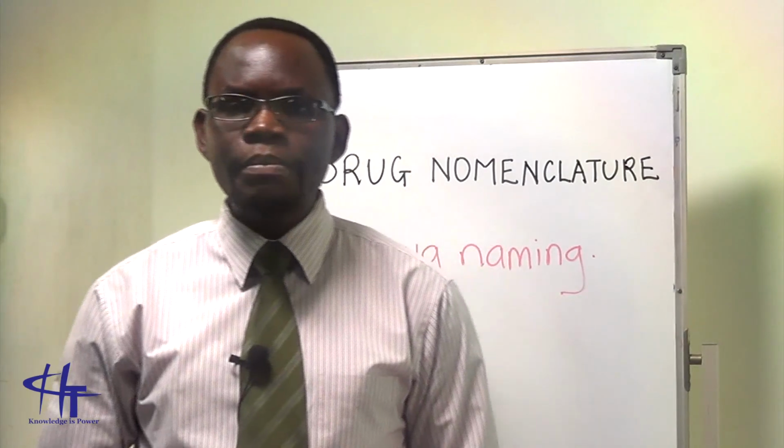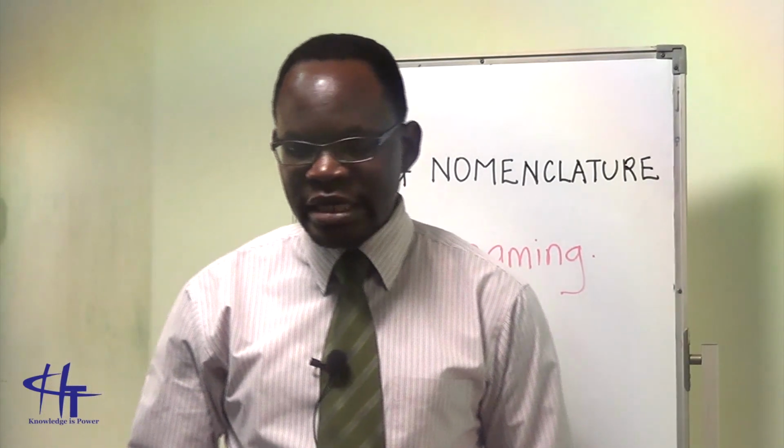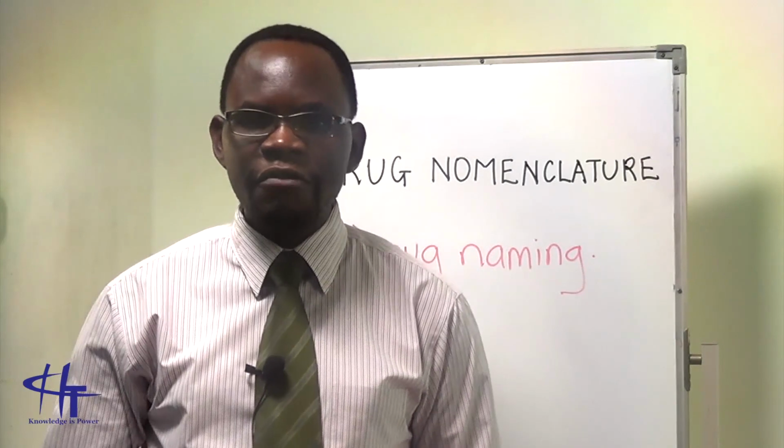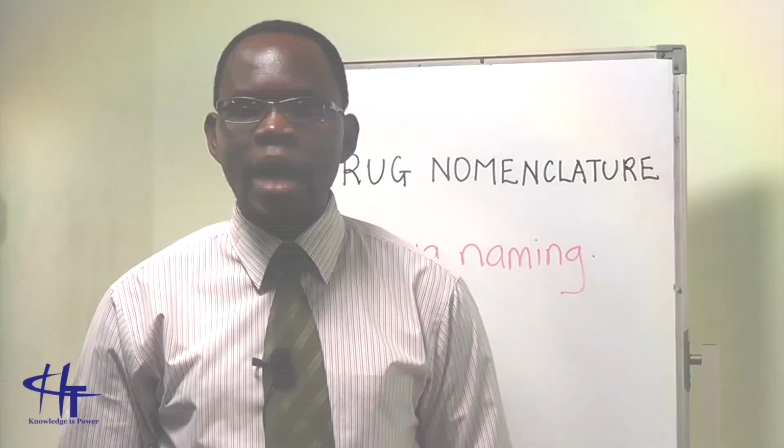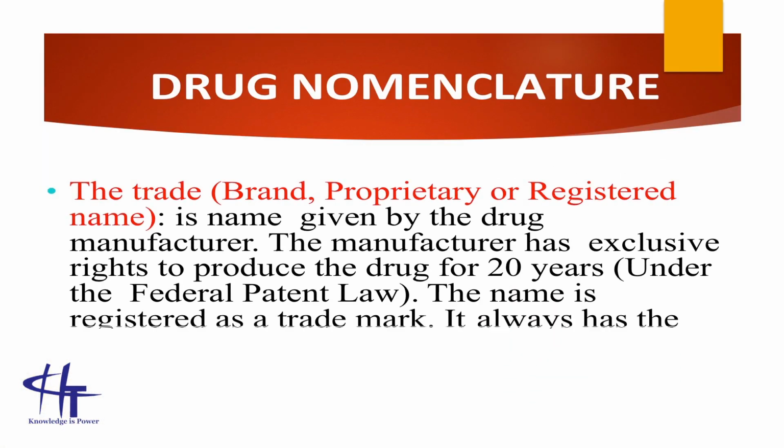The other name that is relevant for any drug is what we refer to as the brand name. But it can also be called the trade name or the registered name or what we call the proprietary name. All those basically mean one thing. Now, this is the name that is given by the pharmaceutical industry or by the manufacturer that manufactured this drug.